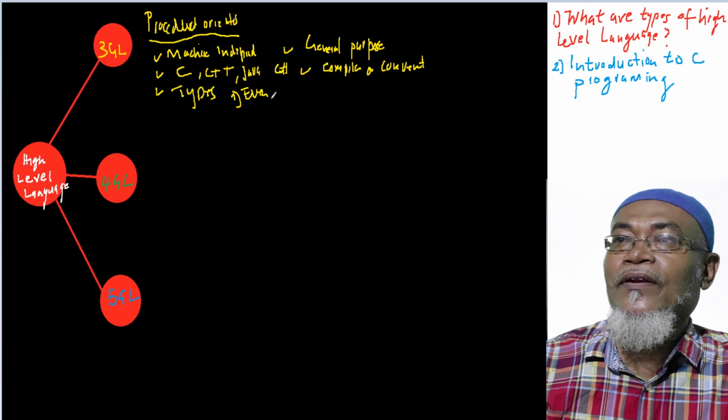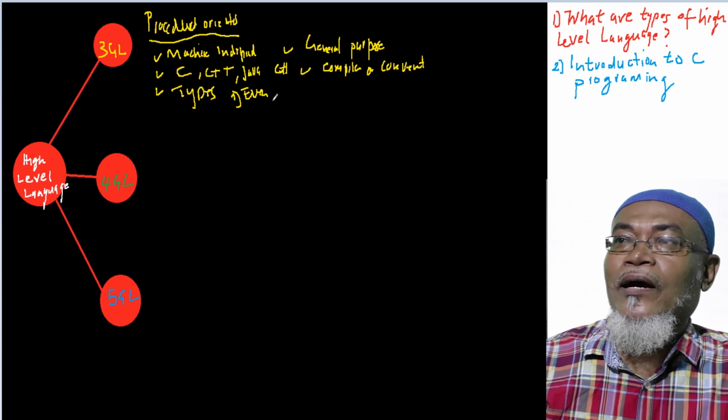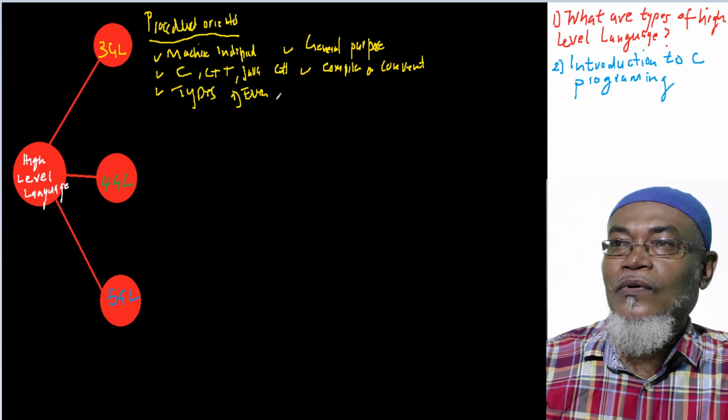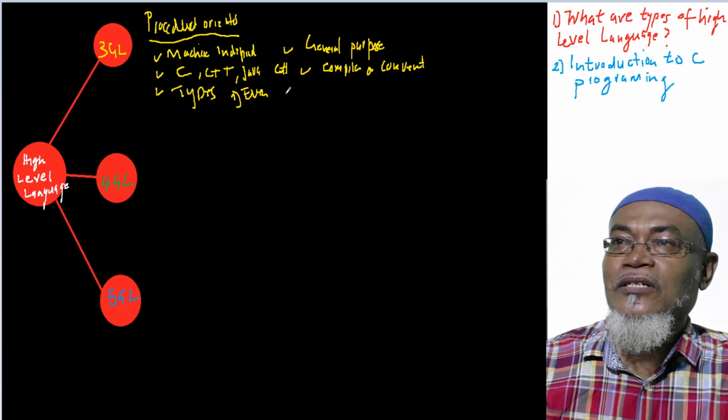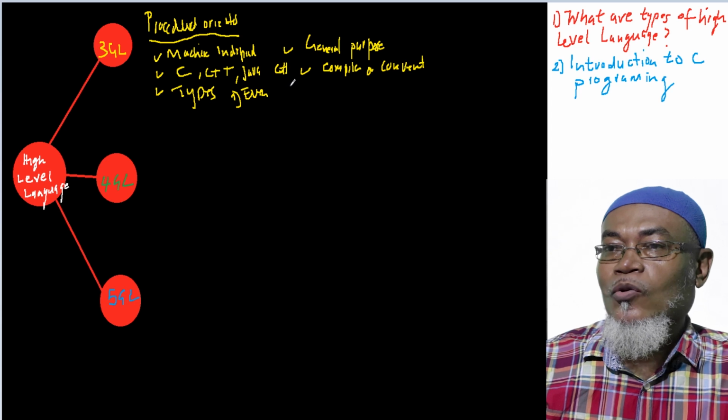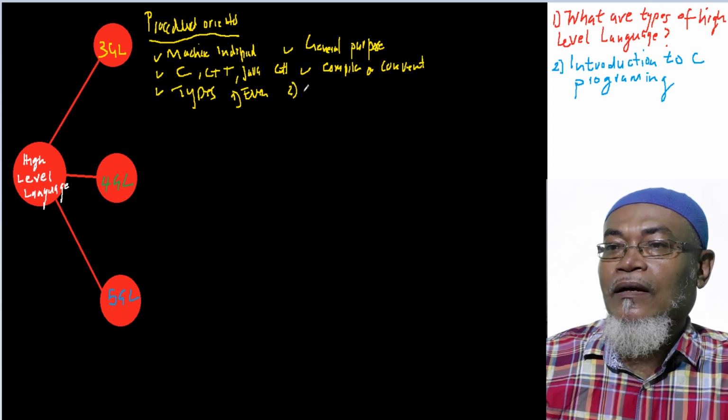Event-driven programs are those where a user does a particular task, like clicking a mouse or dragging an object, and then some instructions are fired automatically. So those will be event-driven programs.